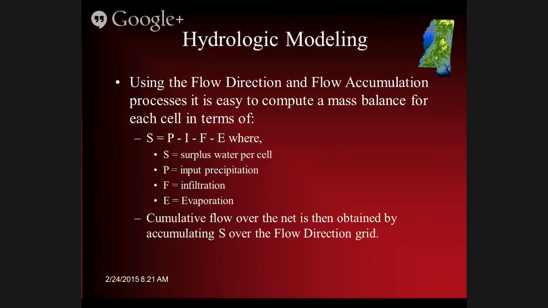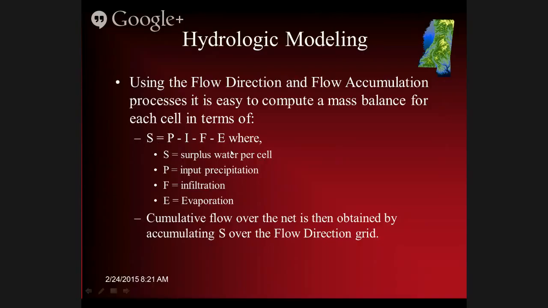Okay. Well, here's an example of something that you could implement in a GIS system. Okay. You could take each of these terms here and model them in a raster and figure out what the S term here is.